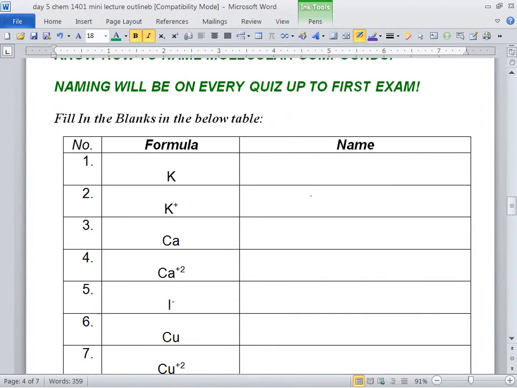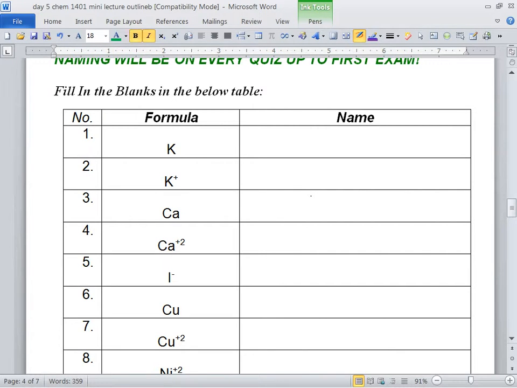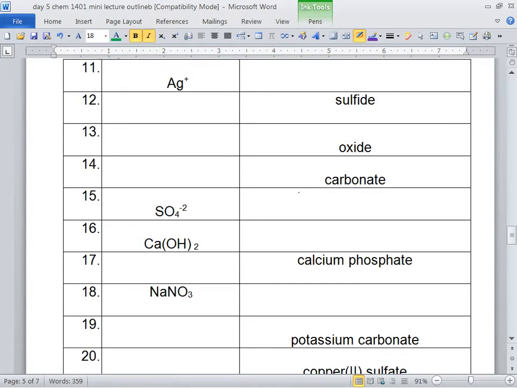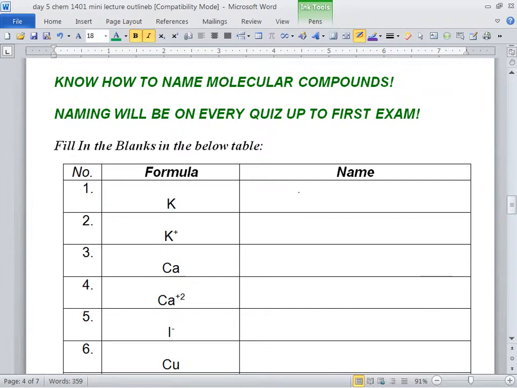So what I think would be the best is we just go to the boards, and I've got a bunch of these, right? So we'll do 5 at a time. Write your answer to the first 5, see if they agree with the folks around you, and then we'll erase and go on to the next 5. Okay?